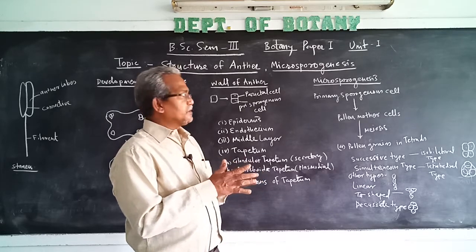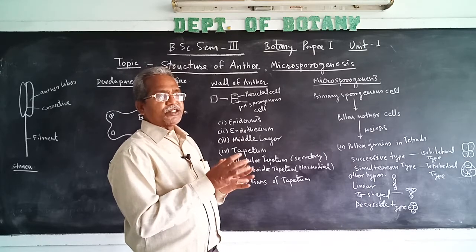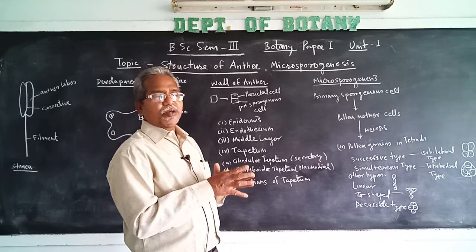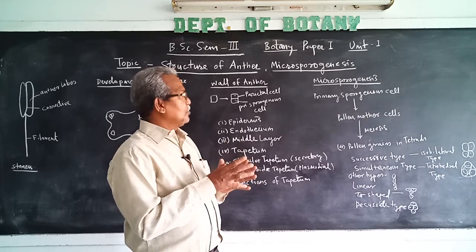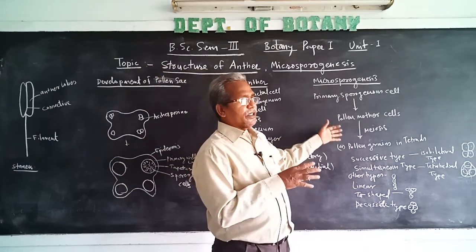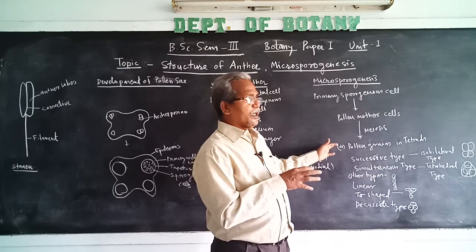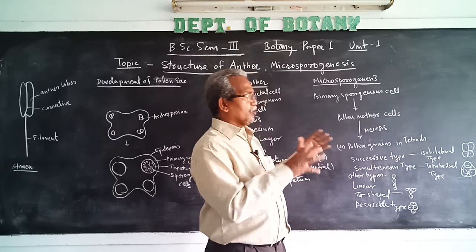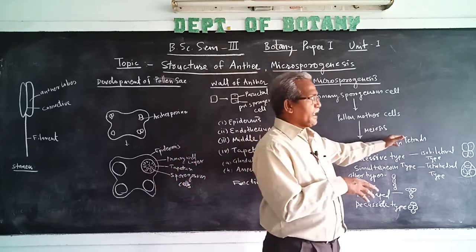In some cases, some of the pollen mother cells degenerate and serve as food material for the developing pollen grains. The active pollen mother cells divide meiotically and develop into four pollen grains, which remain in close contact with one another in a tetrad.